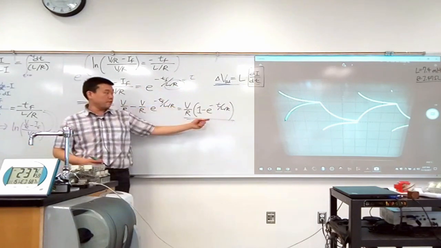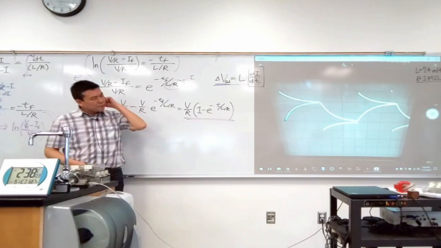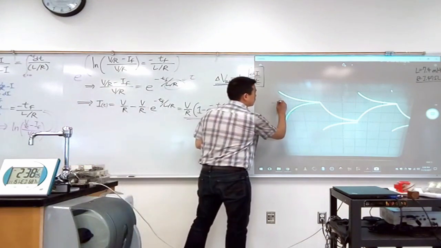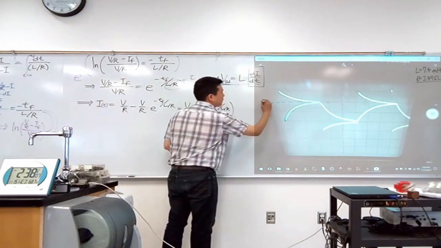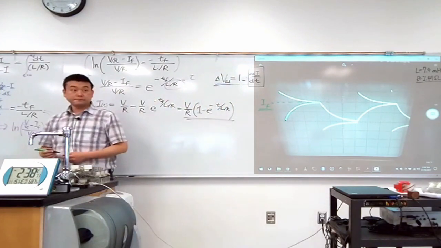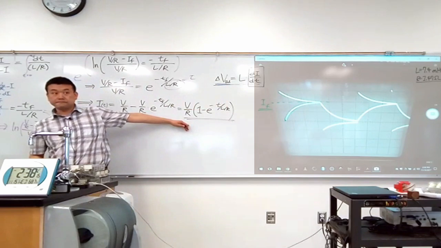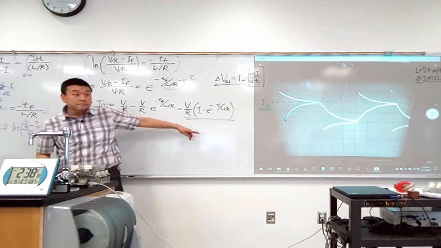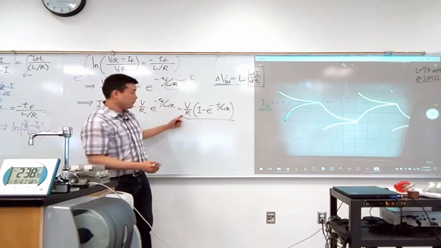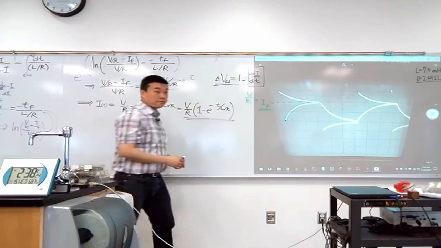Yeah, it's the inverse of the exponential decay, right? What's this asymptotic value of current, the final value of current, when you look at this expression? V over R, right? So the voltage of the battery divided by the resistance of the resistor.